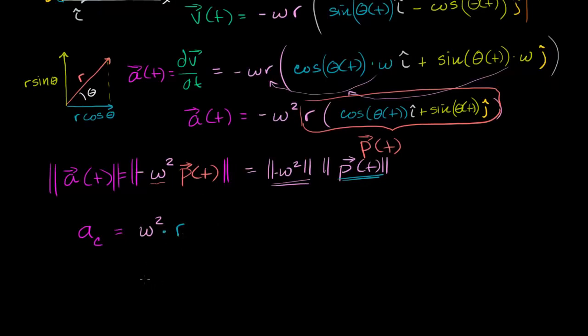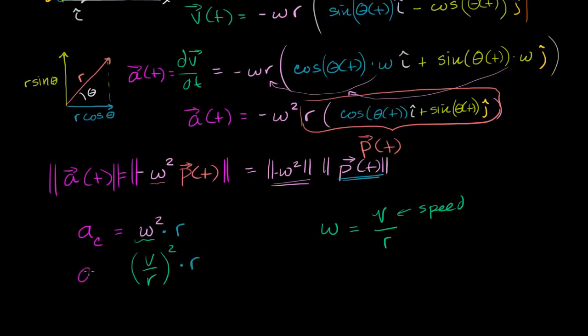So this right over here is just going to be equal to the radius of the circle that we are going around. Now, we also know that angular velocity, or if we want to be particular, the magnitude of angular velocity is equal to the magnitude of our velocity, or another way to think about it is the speed of our object, divided by the radius of the circle that it is going around. So we can substitute that right over here. So if we square it, so this is going to be v over r squared, and we saw that in the video on angular velocity, times r.